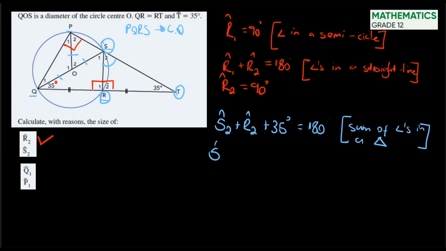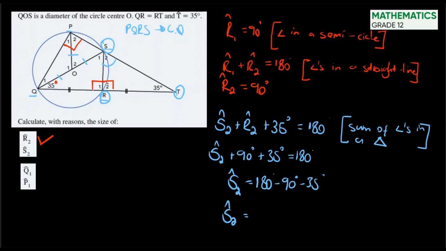So we're looking for angle S2, and R2 is 90 degrees. We've calculated that. 90 plus 35 plus S2 is equal to 180 degrees. So we isolate S2 and we take everything to the right hand side where they will change signs.